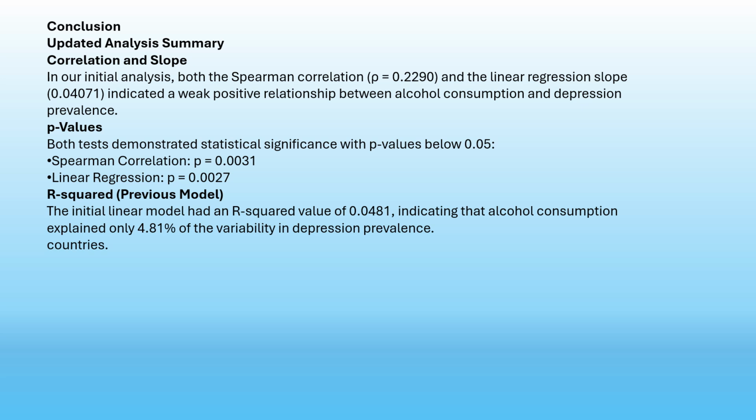Both of those tests had significant statistical importance, with p-values far below the 0.05 threshold. And the R squared of that model, like I said earlier, left us wanting a lot more, with only 4.81% of the variability in depression prevalence being accounted for.